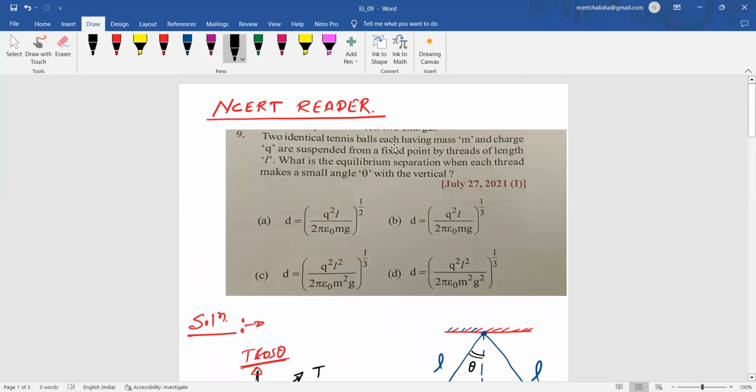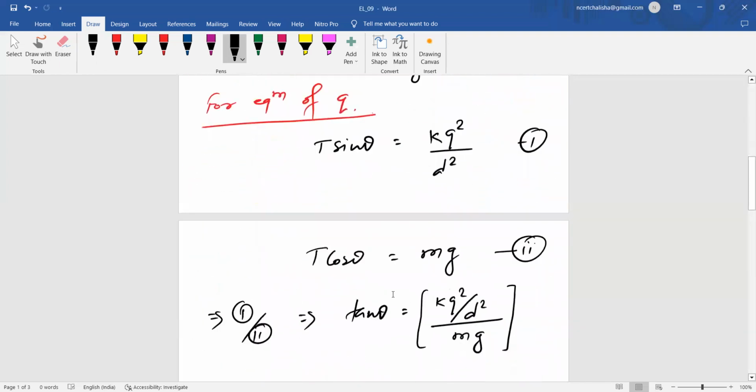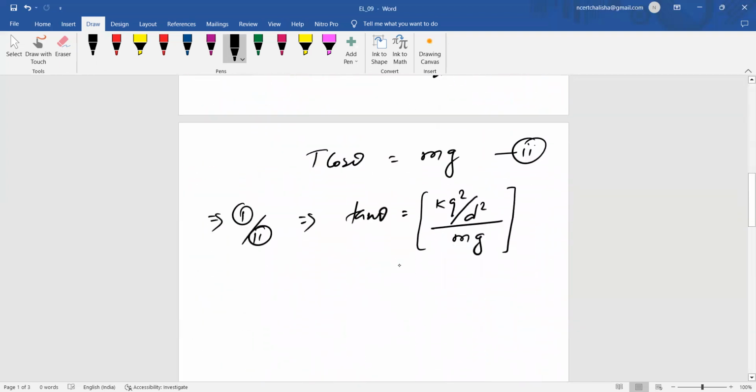In the question, we need to understand that theta is small: two identical balls suspended from a fixed point by a thread, and what is the equilibrium separation for a small angle theta. It is mentioned in the question and is very important to understand. Once it is a small angle theta, tan theta is approximately equal to sin theta.